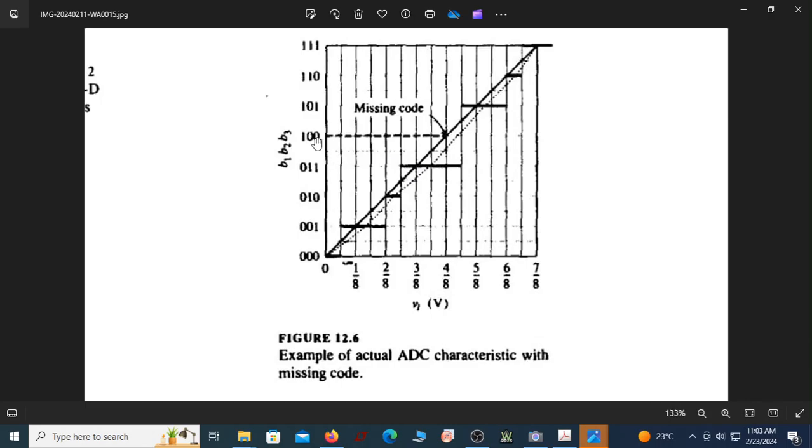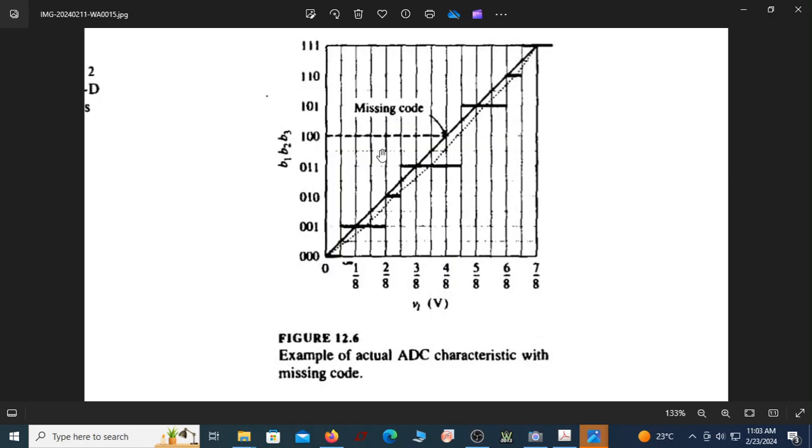But 1, 0, 0 is not at all the output of this ADC. This is actually a missing bit, and you are having 1, 0, 1, 1, 1, 0, and 1, 1, 1. While seeing the ADC output of this simple 3-bit ADC, I am not getting the count of 1, 0, 0. So I call this a missing code.